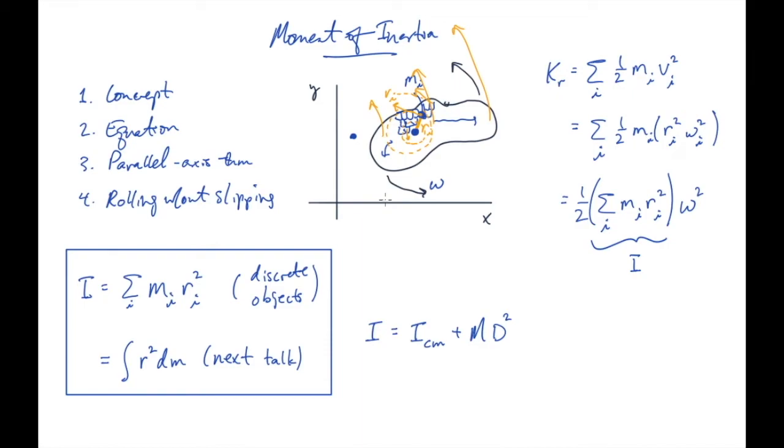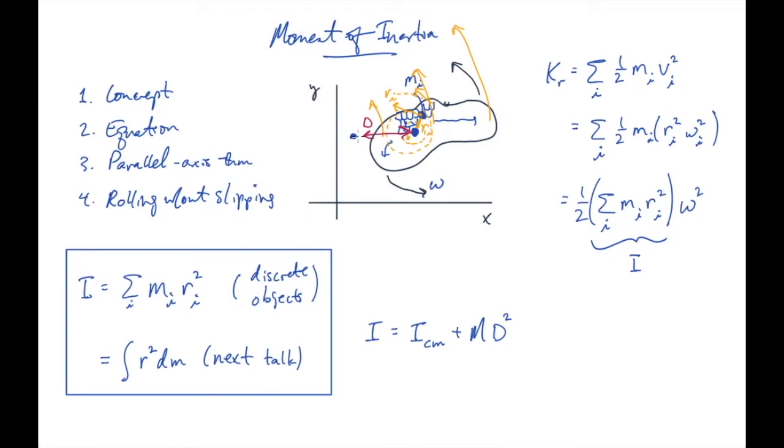Let's look at that up here. The axis started out right here. If we know the moment of inertia around that axis, that gives us this term. Now suppose I want to move the axis, and I want to rotate it around this point instead. I move this axis a distance d, and I'm moving the axis parallel to itself. I'm not rotating the axis. The axis is coming out of the screen towards me here, and it's still coming out of the screen towards me here.